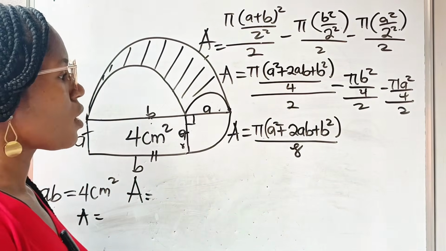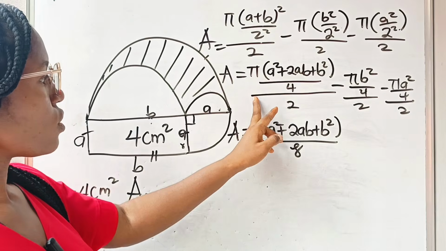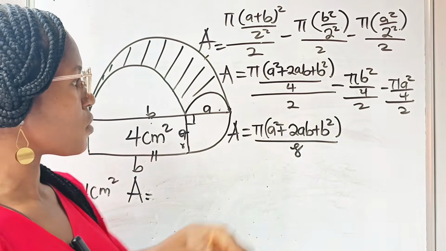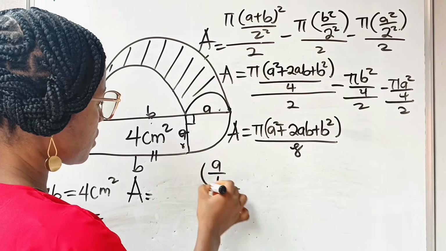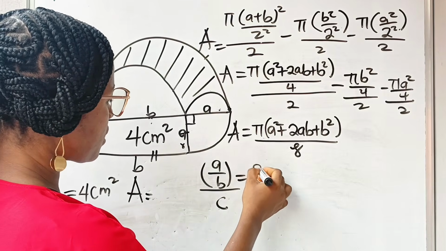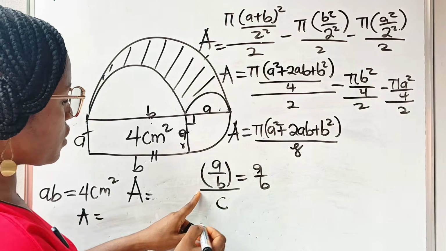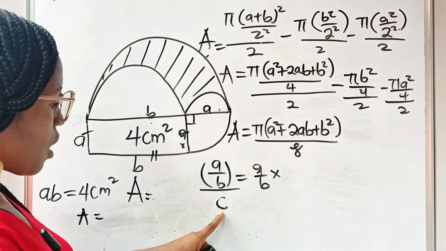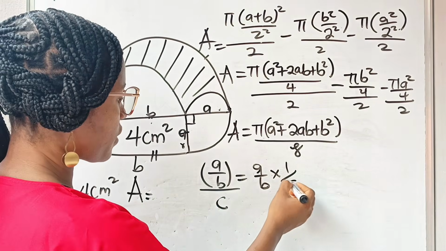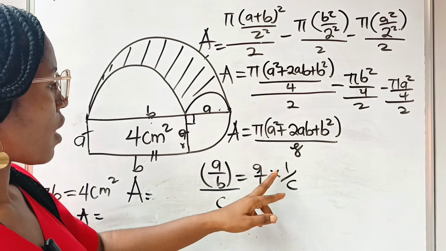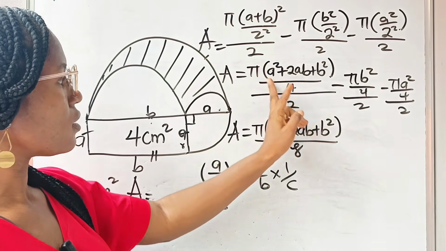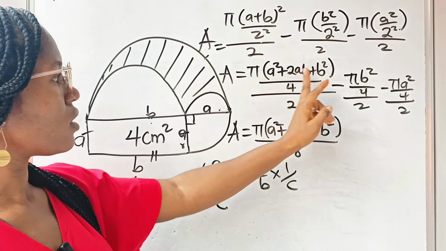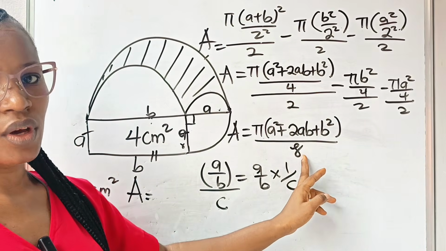This is coming down because if I choose to change this division to multiplication, for example, if you have A over B over C, it is the same thing as A over B, and if I change this division to multiplication, I'll take the inverse of the denominator as 1 over C. So that is why if I want to remove this division, I will multiply this by 1 over 2, which will give me this times over 8.